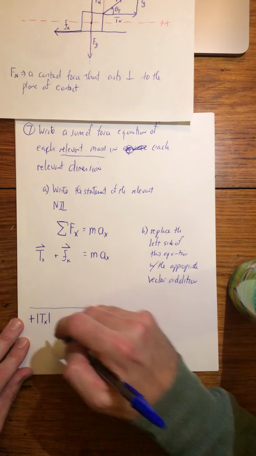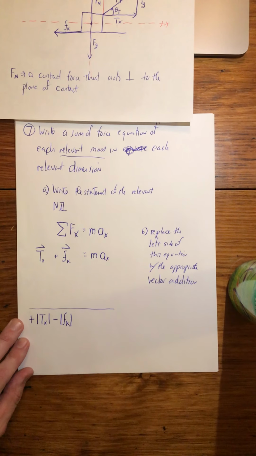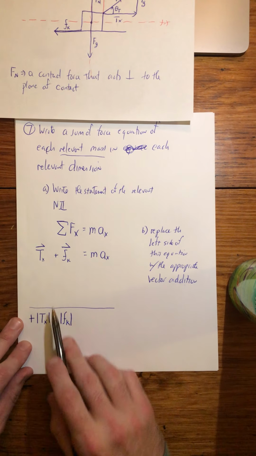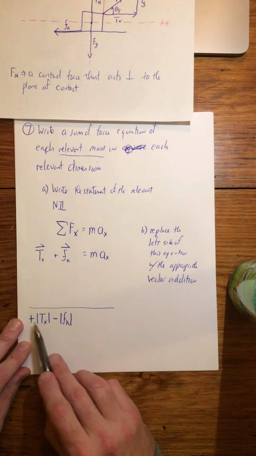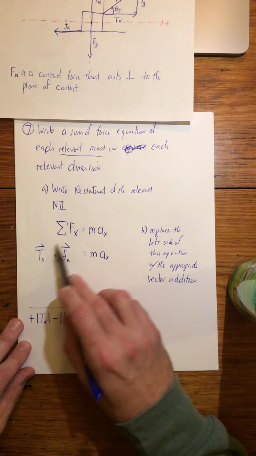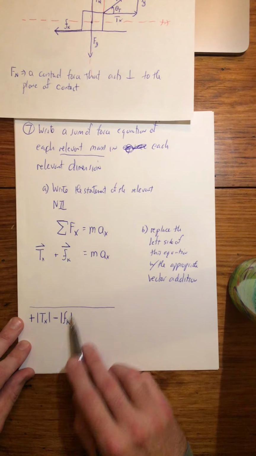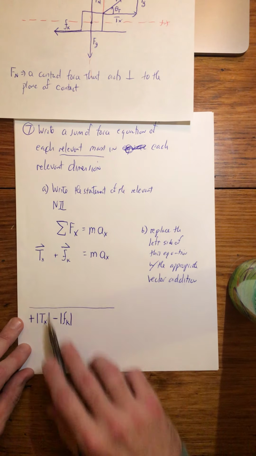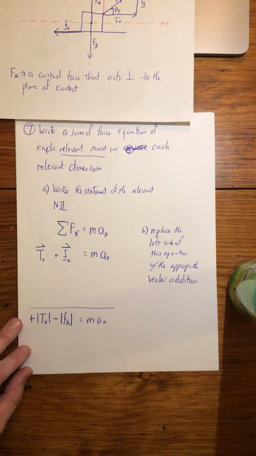And then saying, okay, minus magnitude of Fk, right? So the vector Tx is equal to positive magnitude of Tx. The vector Fk is equal to negative the magnitude of Fk. These are equivalent mathematical statements, right?